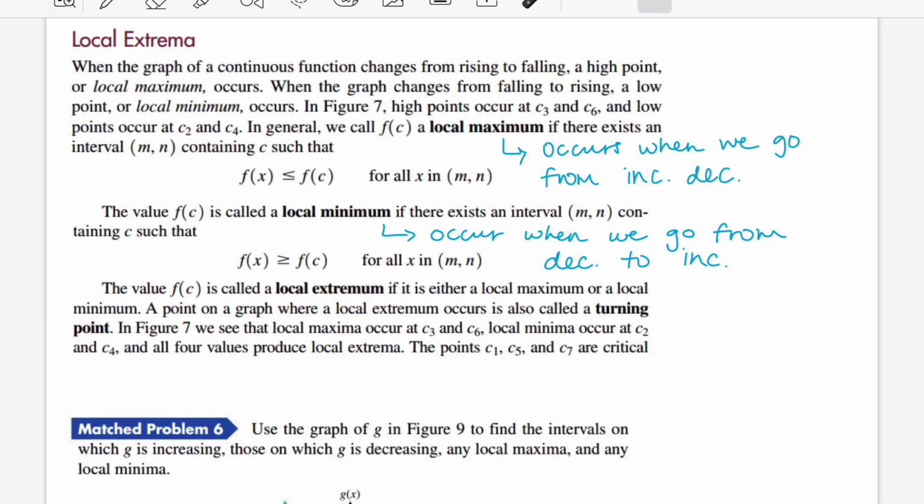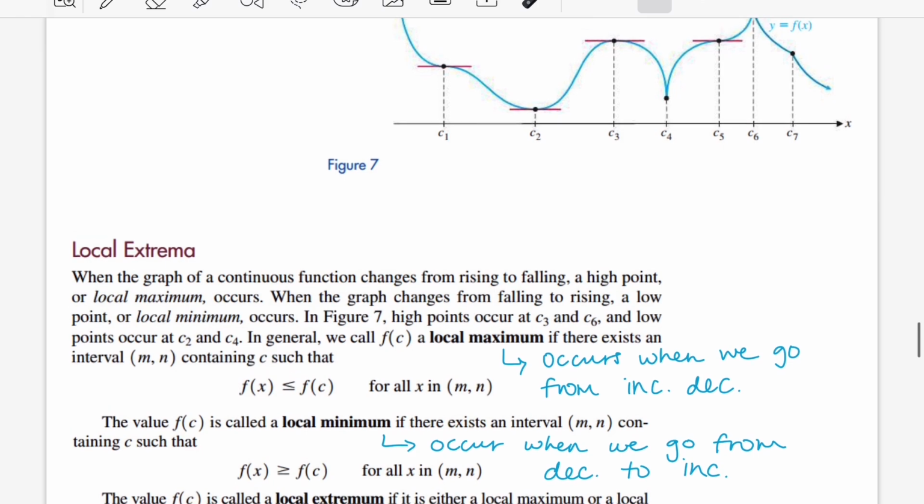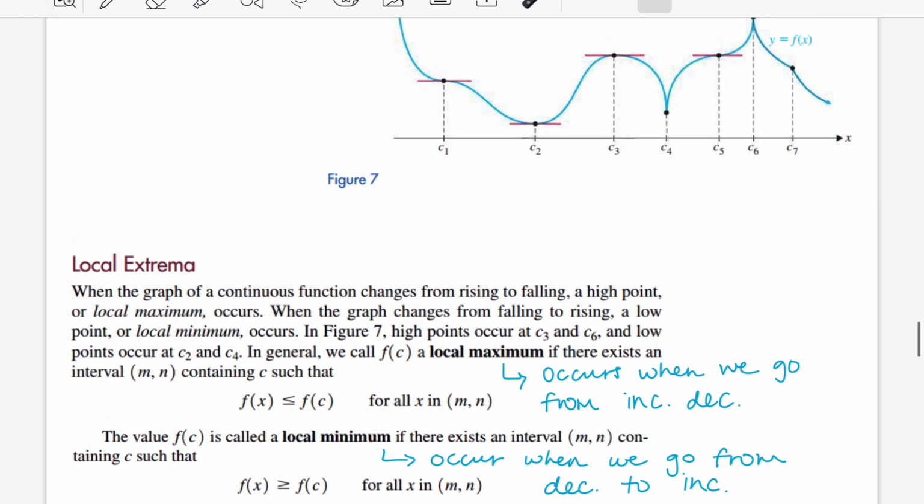All right? And so whether it's a local minimum or a maximum, this value is going to be called a local extremum. And a point on a graph where a local extremum occurs is also called a turning point. I mean, this makes sense because these points happen when we're going from increasing to decreasing or decreasing to increasing. Right? So that makes sense that it would be a turning point. And then looking at this figure here, again, we see that C3 and C6 look like local maximums here.